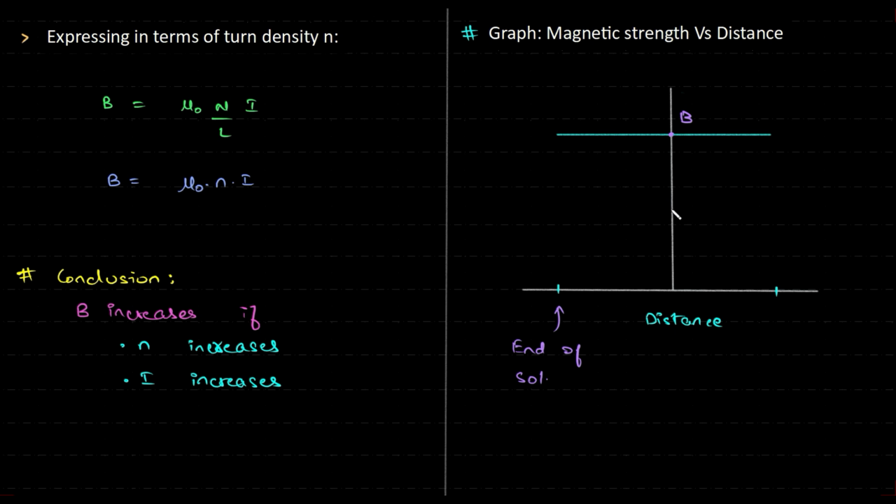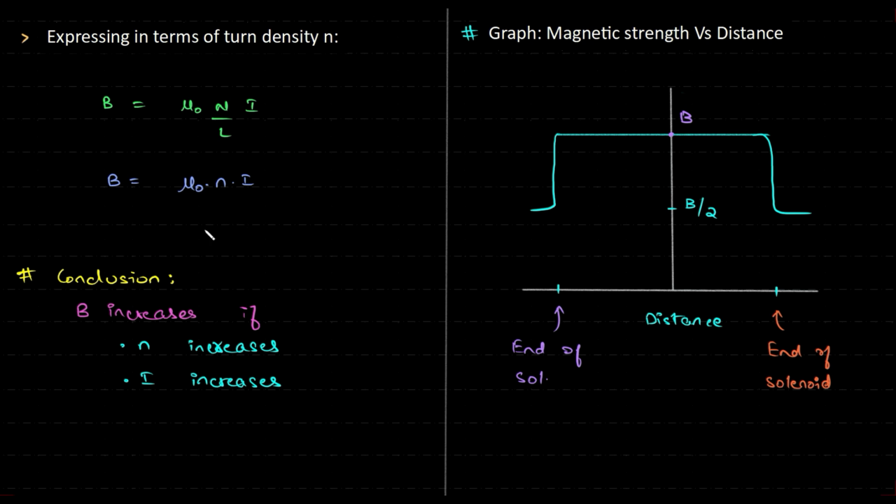It will become half of it. So say this is B by 2. It'll drop by half. So all in all, this is what we're looking at. So this is again the end of the solenoid. So that's the graph if they ask for it.